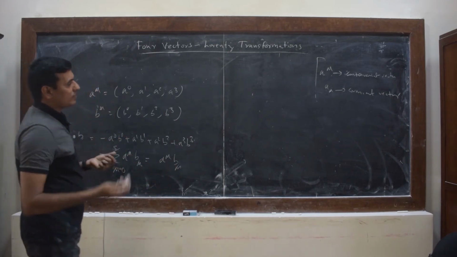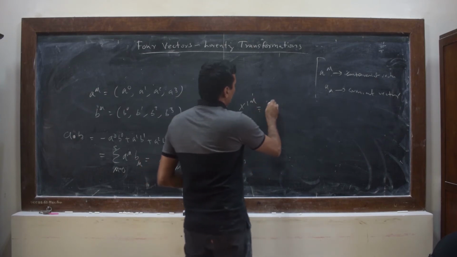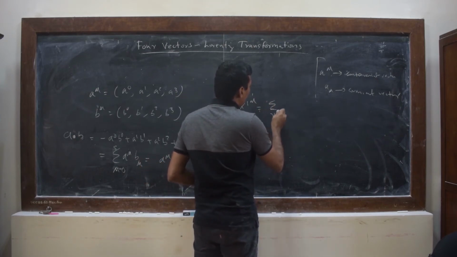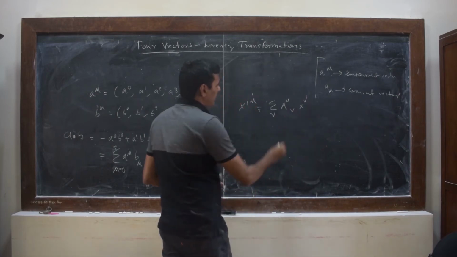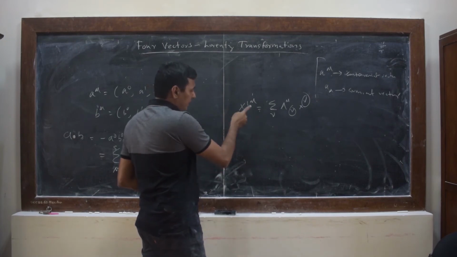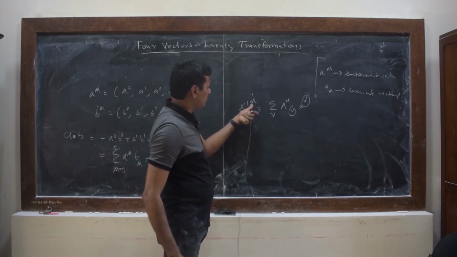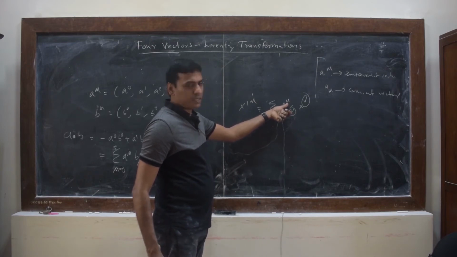Now let us look at the transformation x prime mu, which is equal to the summation over nu of lambda^mu_nu x^nu, which I wrote. Here mu is a free index: on the left hand side it appears once, and on the right hand side it also appears exactly once.